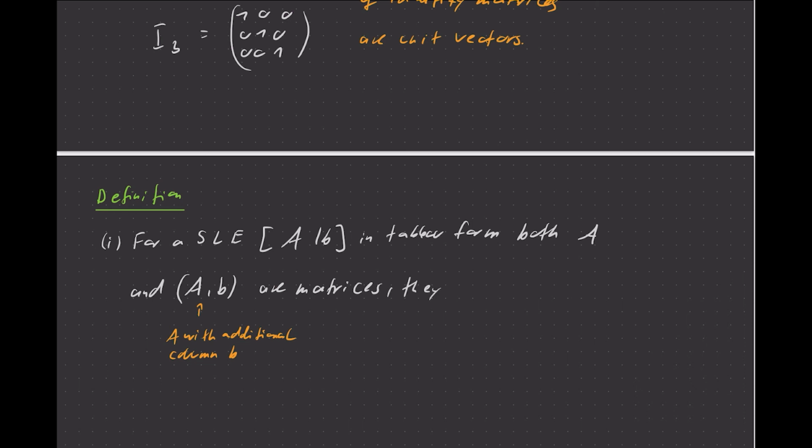and they have names. They are called, first, the coefficient matrix. So A is called the coefficient matrix of a system of linear equations.